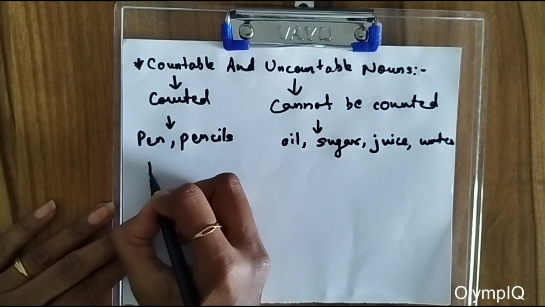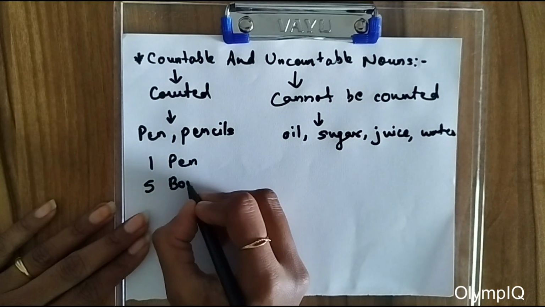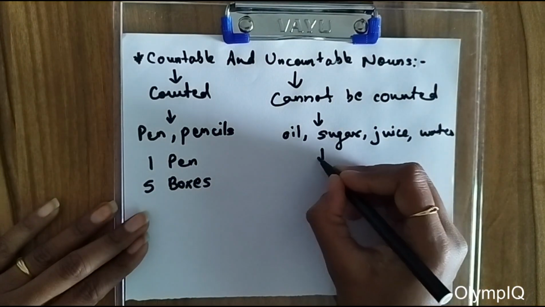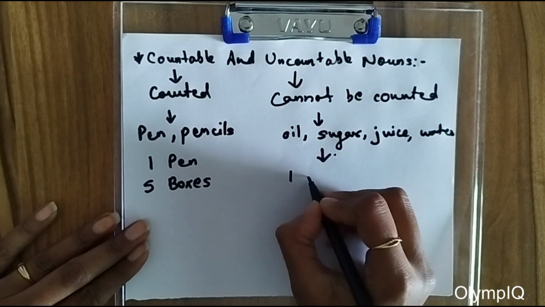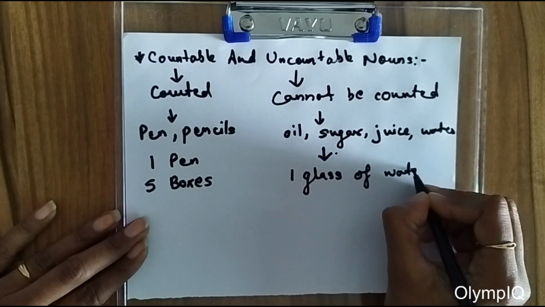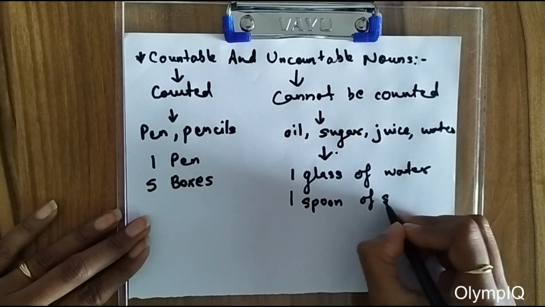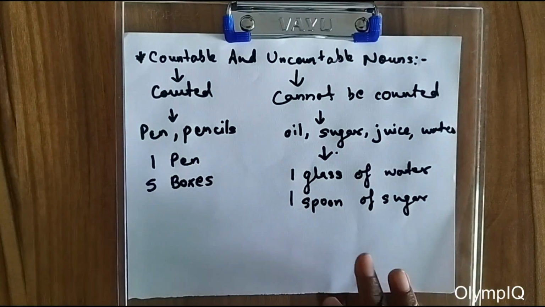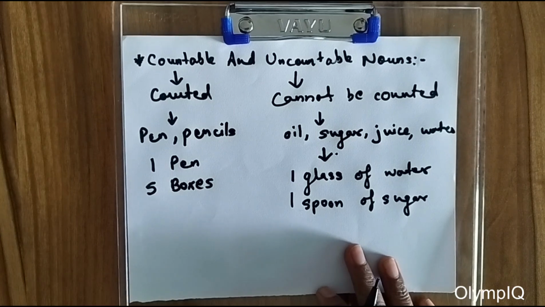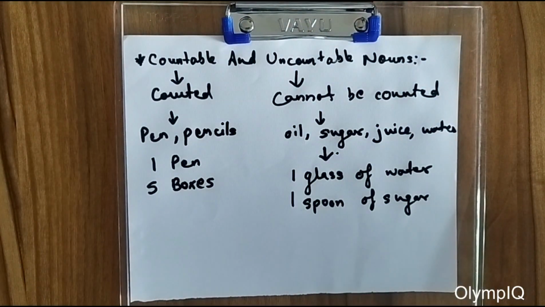So here it would be 1 pen, 5 boxes. Okay, and these examples would be 1 glass of water or 1 spoon of sugar. So this is how we can use the sentence formation for uncountable nouns. Hope you got it.